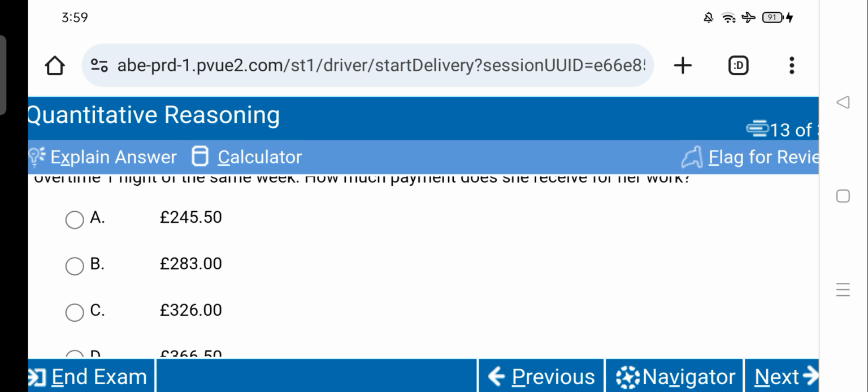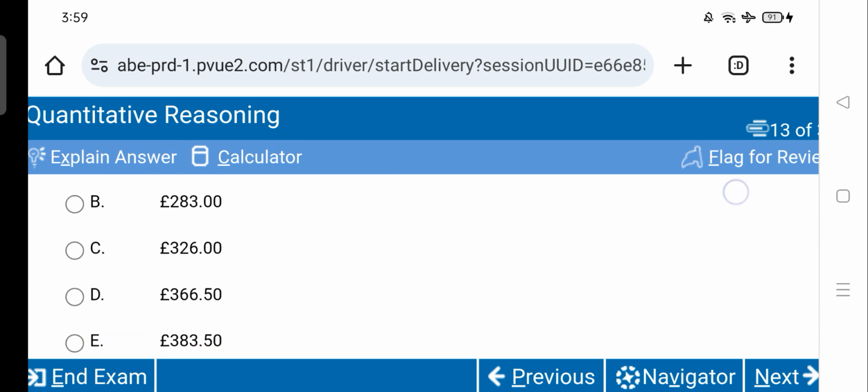Option B 283.00 pounds. Option C 326 pounds. Option D 366 pounds. Option E 383.50 pounds.